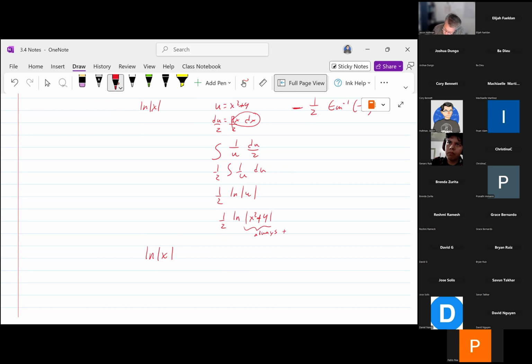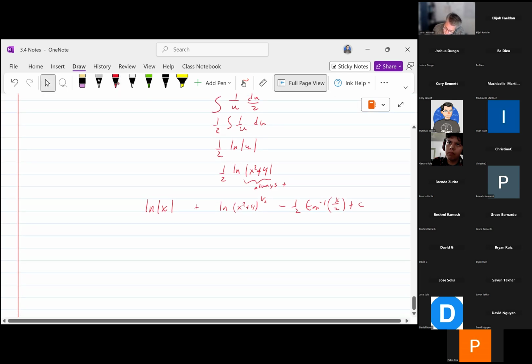So this is going to be 1/2 times the natural log of x squared plus 4, and then minus 1/2 times the inverse tangent of x over 2 plus c.